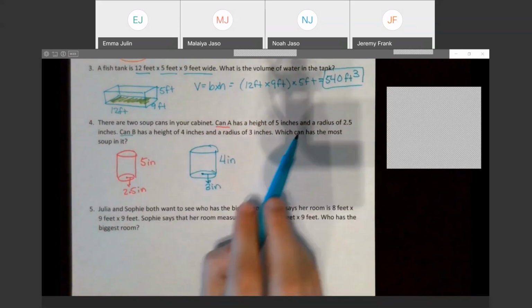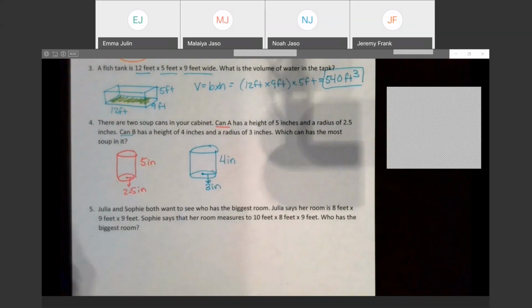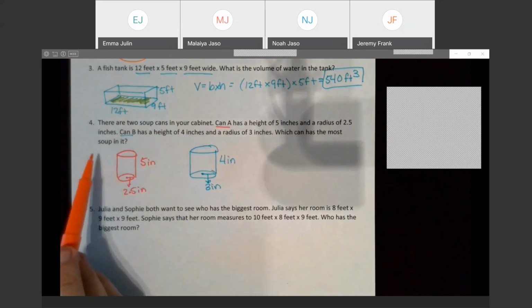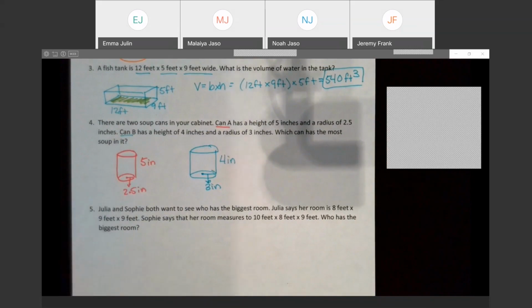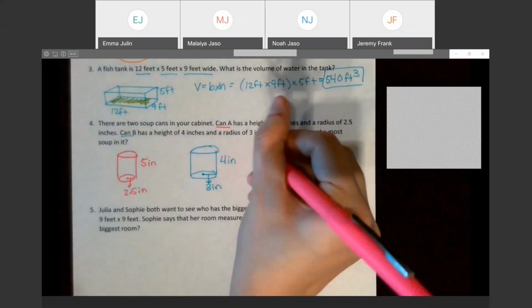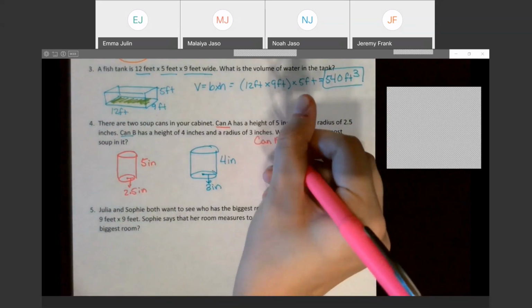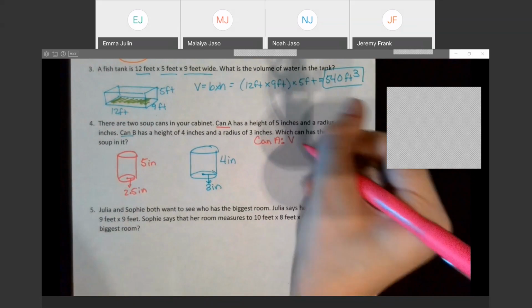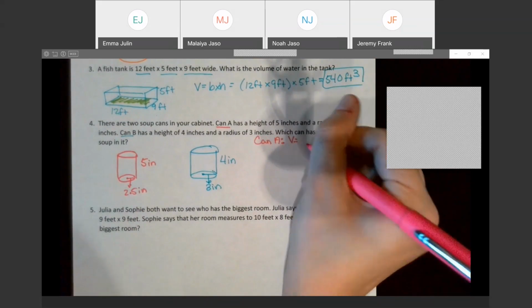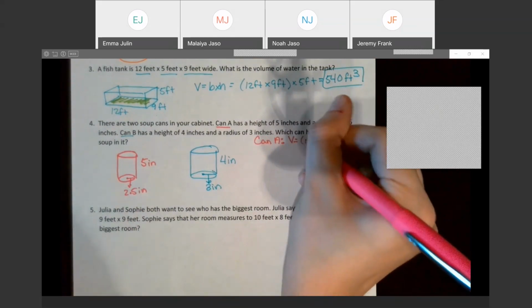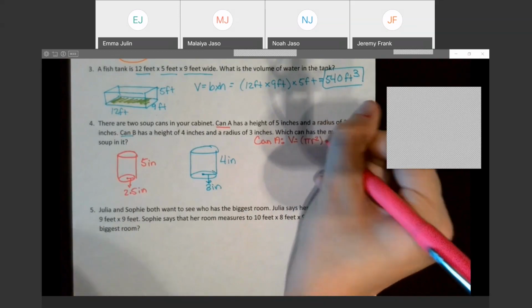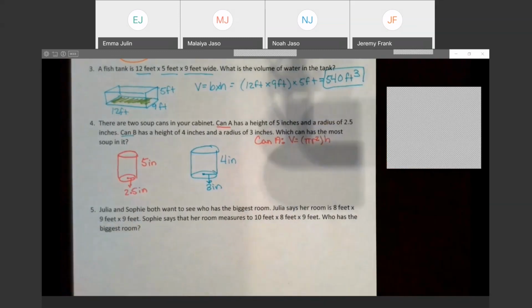And you have to be able to say which can has the most soup in the can. So what this is asking for is which one has the bigger volume, because that's going to have the most soup in that can if it has a bigger volume. Let's start with can A. So for can A, we have to use our volume formula of pi r squared times the height of the cylinder.